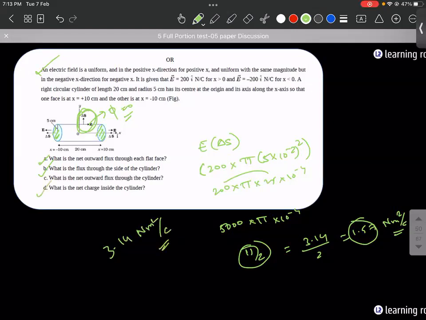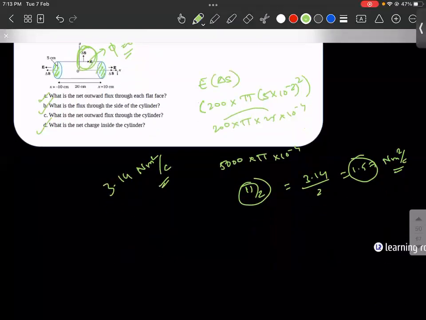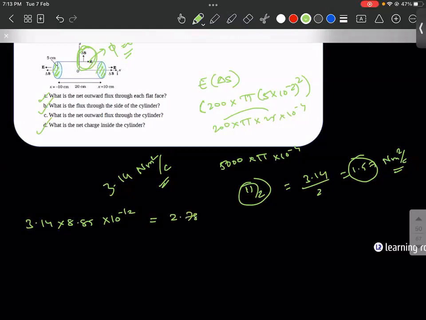And D, what is the net charge inside the cylinder? So net charge is equal to 3.14 into epsilon naught, which is 8.85 into 10 power minus 12. So this will be 2.78 into 10 power minus 11 coulomb.